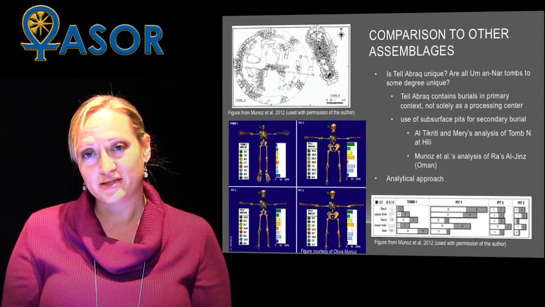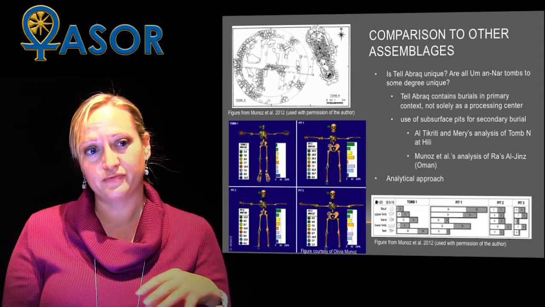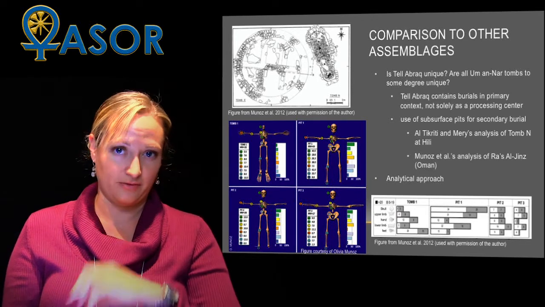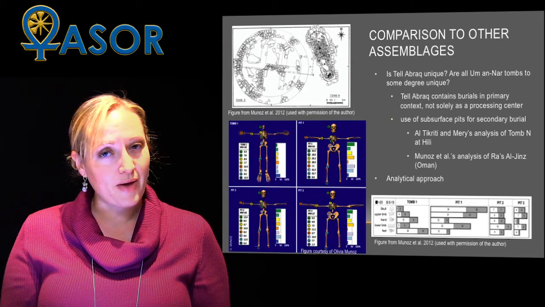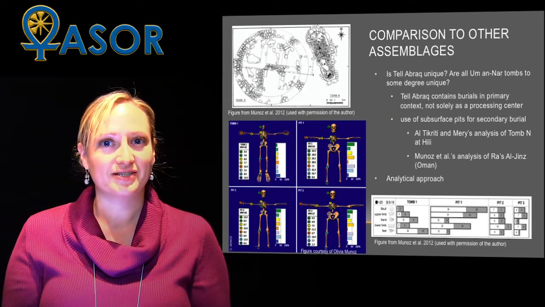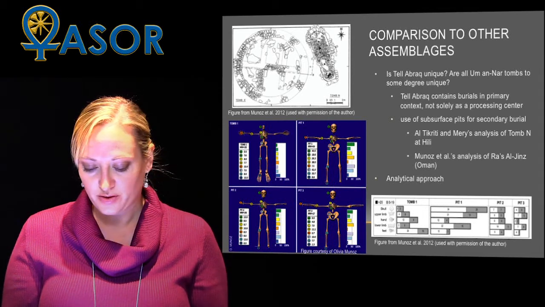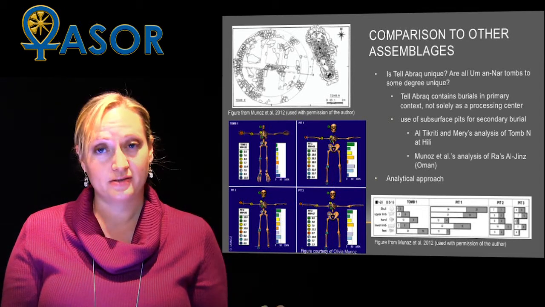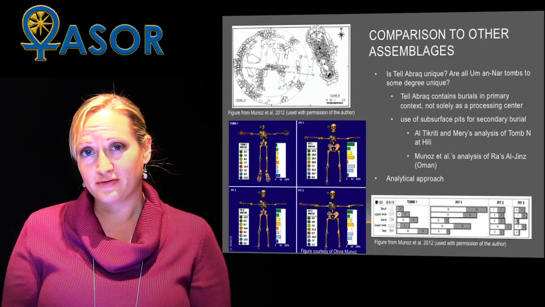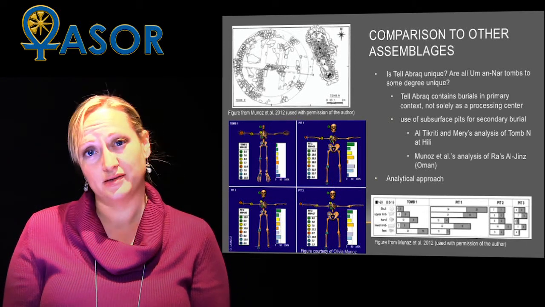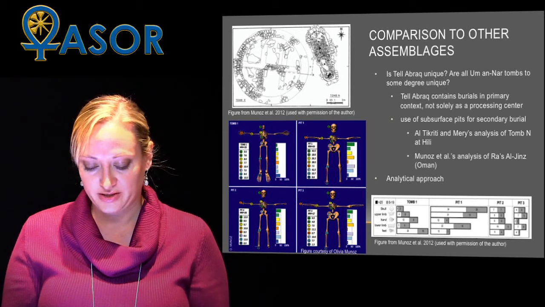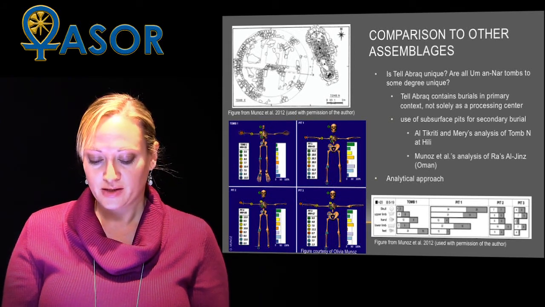So what that tells you is that the patterning of disposal after processing is specific to the pits themselves. We don't see that pattern at Tell Abraq. We see a general representativeness of all of the elements of the body are fairly consistent. So we know that we have secondary processing and deposition within the same structure, which is a very different pattern from what we're seeing at other Umanar tombs.